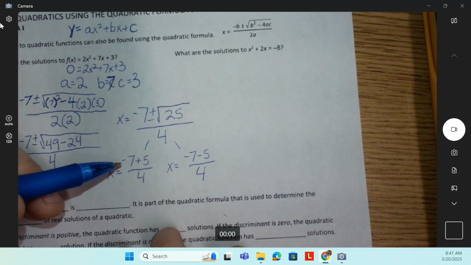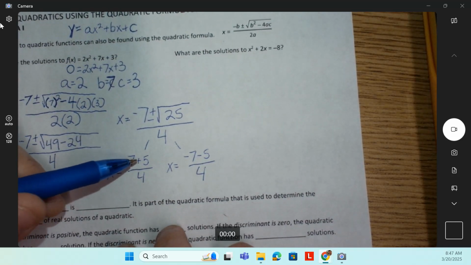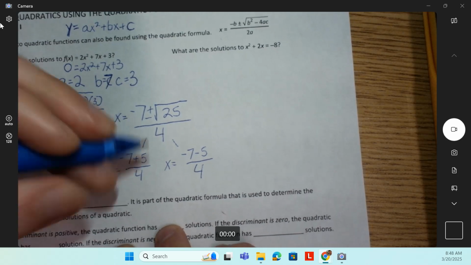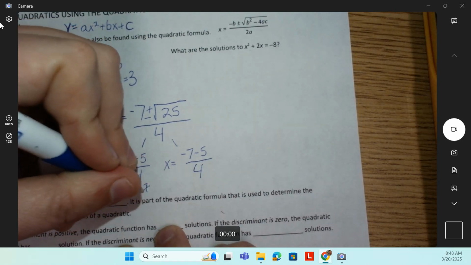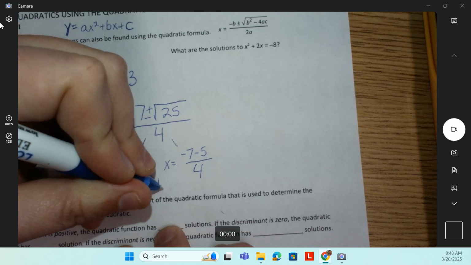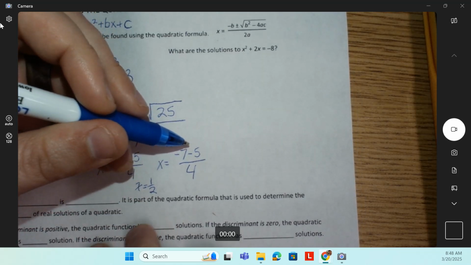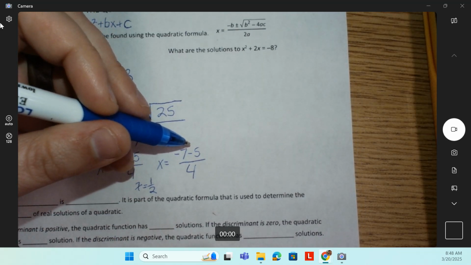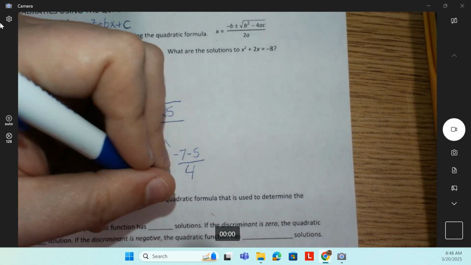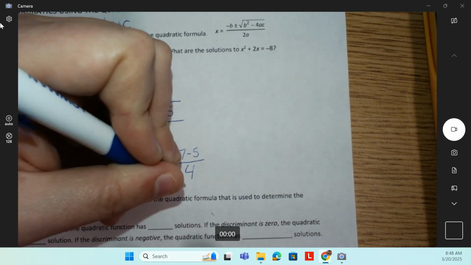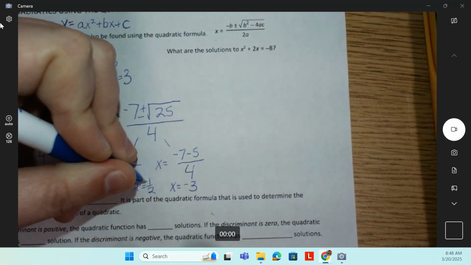Solving that, -7 and 5 gives me a -2 over 4. So x is going to equal 1/2 for that one. -7 and -5 together gives me -12 divided by 4. So x would equal -3 there.